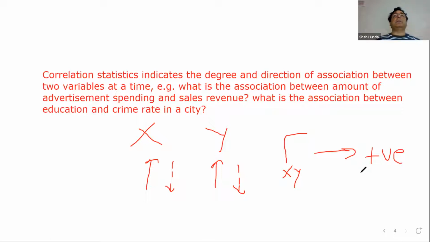If two variables rise together or fall together, then they are expected to follow a positive association.